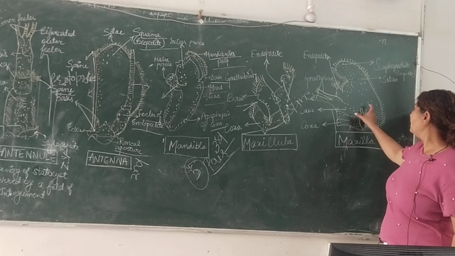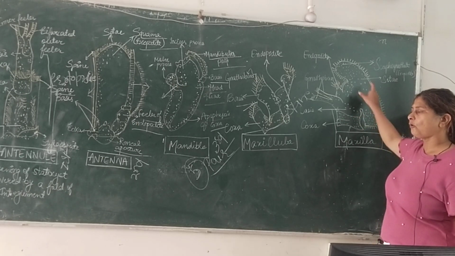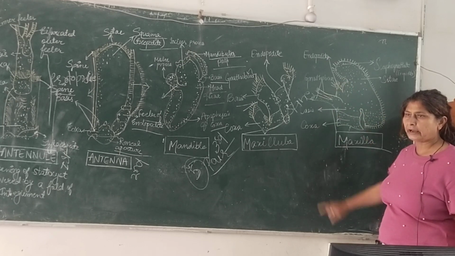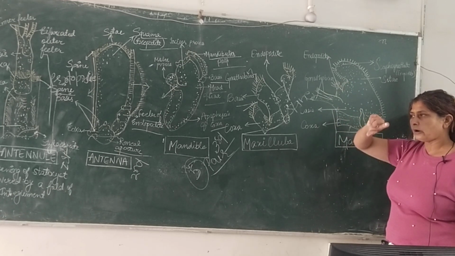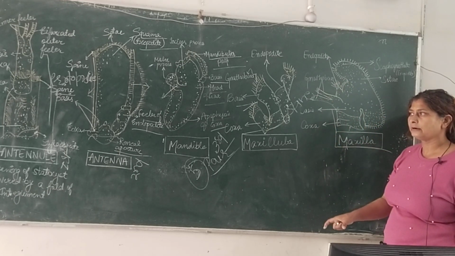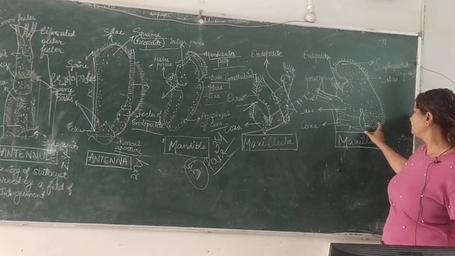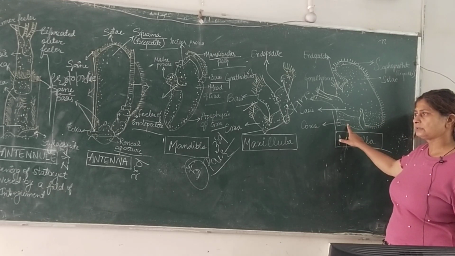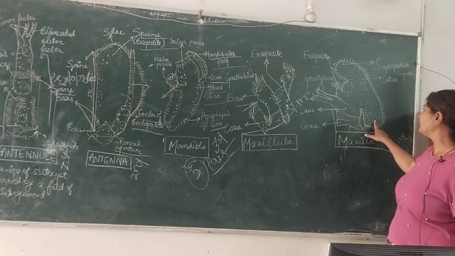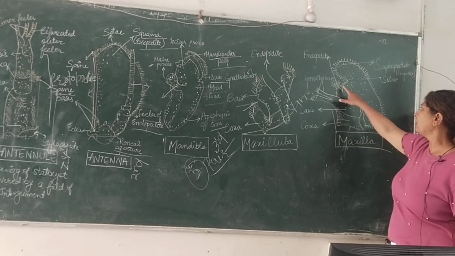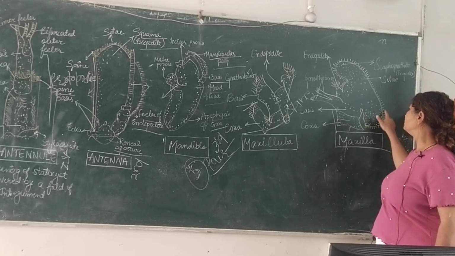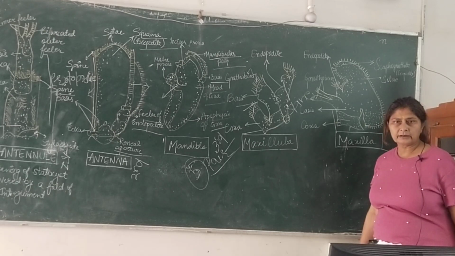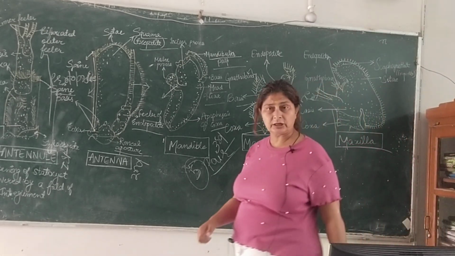Scaphognathite. ਇੱਥੋਂ ਚੌੜਾ ਨੀਚੋਂ ਉੱਪਰੋਂ pointed ਹੈ, ਥੋੜਾ narrow ਹੈ, और it is a spindle like. It is attached with the basis, and they have number of these ciliated portions. ਇਹਦਾ function ਕੀ ਹੈ?